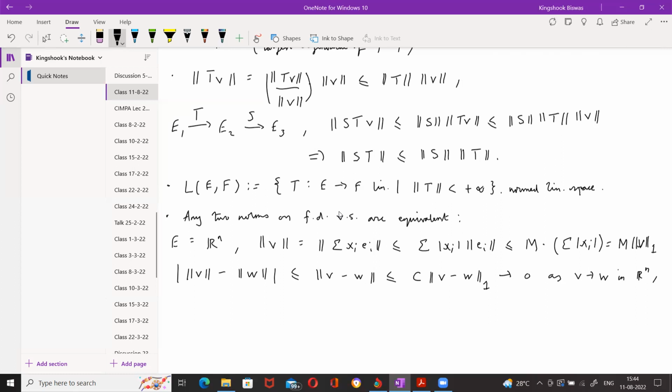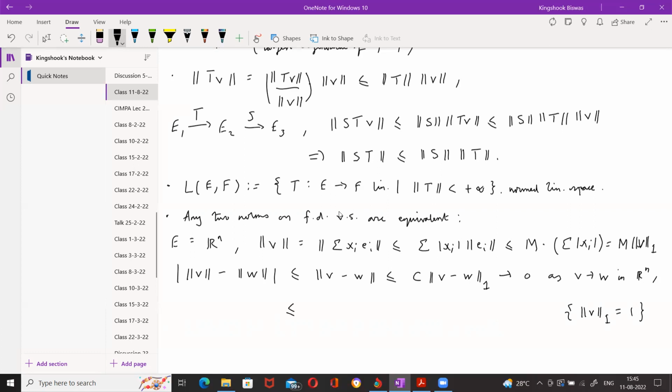And so if I restrict it to the unit sphere, where the L1 norm is equal to 1, then on the unit sphere the norm is non-zero and continuous, and the unit sphere is compact. So it's a continuous function on a compact space. It attains its supremum and infimum, which are positive.